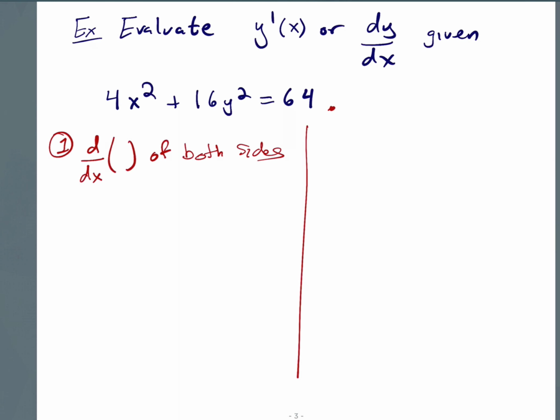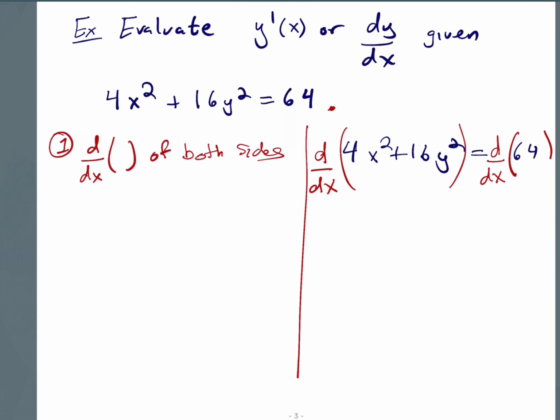Let me rewrite it here so that we have it: 4x squared plus 16y squared equals 64. Before we continue, what's the difference between having d over dx with parentheses, like I wrote down there, and dy over dx?